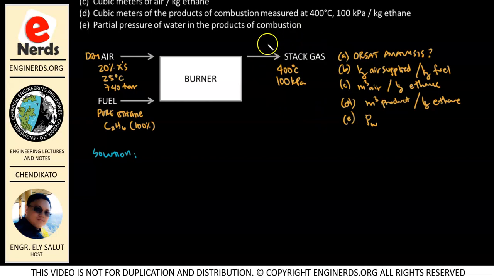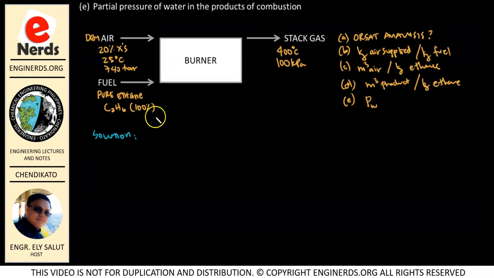Before we get that, we need to have the values of all our components in our reactant. So let us start by having our basis in our fuel, which is 1 kilogram mole of C2H6. So this is our basis.